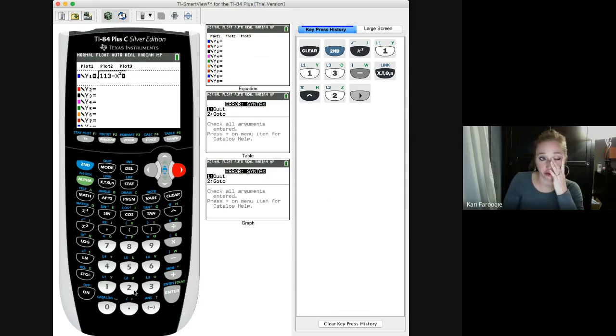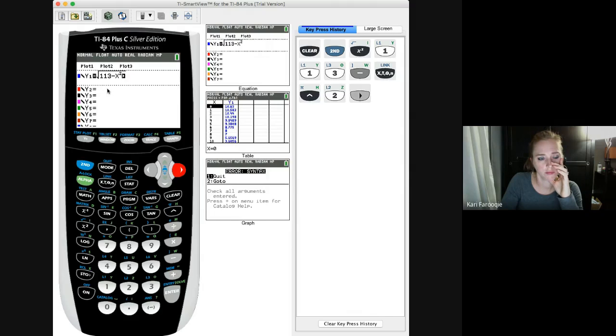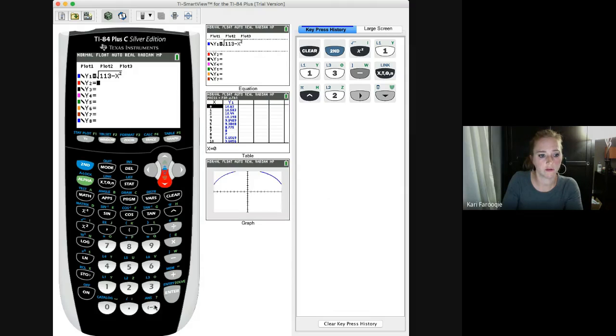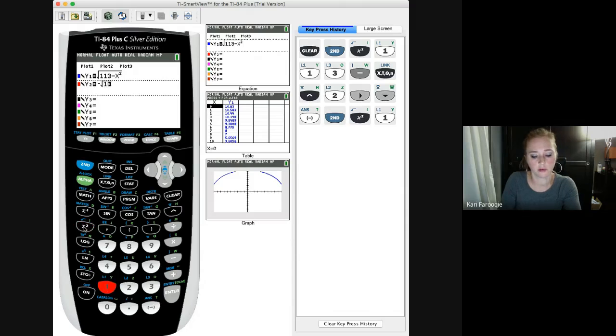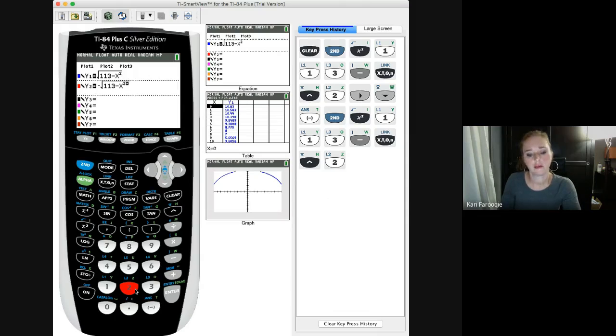So that's one function. The other one is the negative, don't use minus, make sure you're using negative, square root of 113 minus x squared. And those two together will graph your circle. And then the linear equation that you're going to graph has to be written in terms of y. We have y equals -x plus 15.